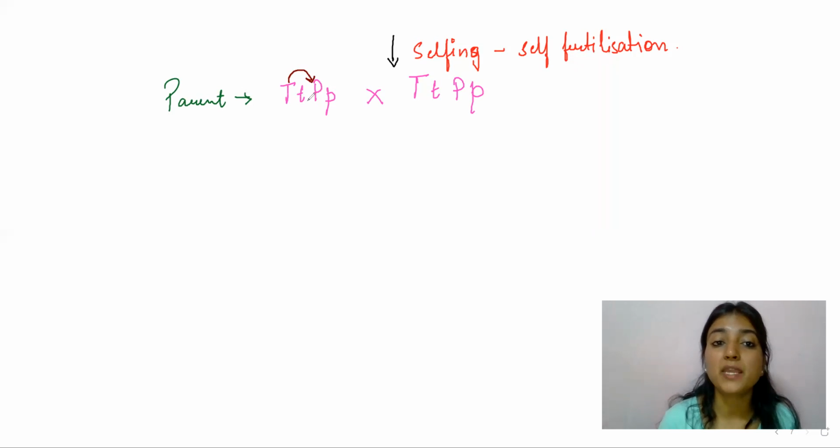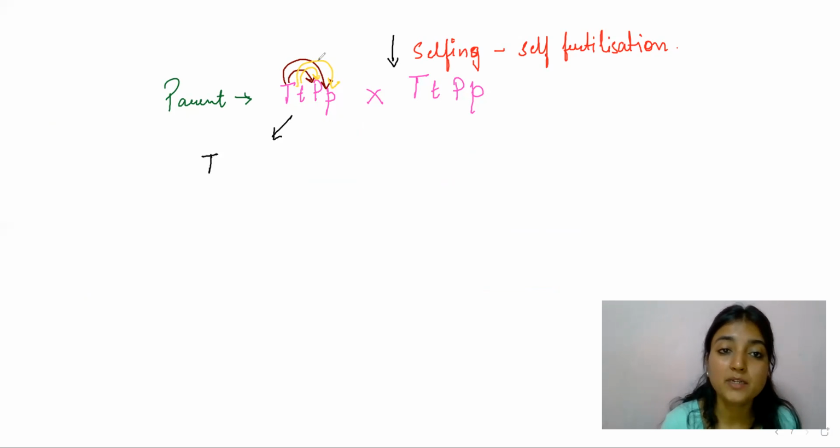So now this is the parent, capital T. This capital T with this capital P, then this capital T with the small p. Small t with the capital P, and again small t with the small p. So we will get again four gametes.